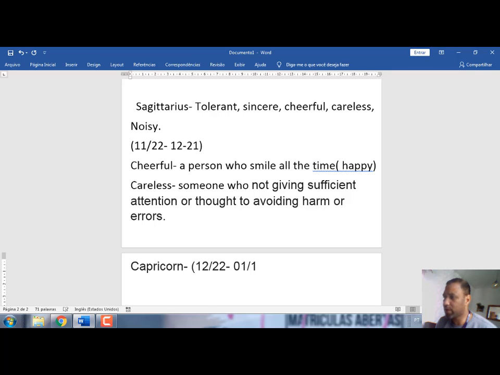Moody. What does moody mean? If I have mistakes, I have to take care. I have to look for this later. But I know, right, that moody is someone who changes his behavior very easily, right? Maybe this person is smiling at you, and all of a sudden this person gets sad.